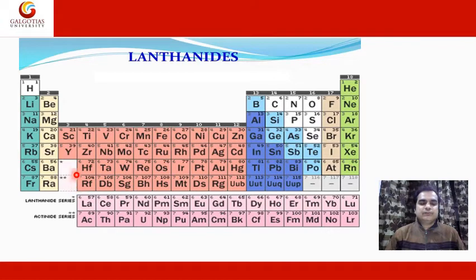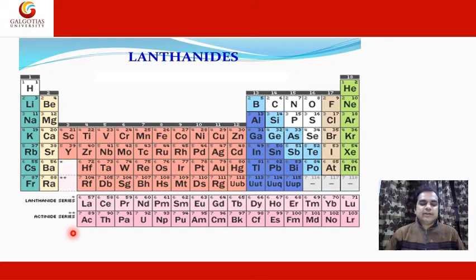Because of shortage of space in these periods, and because they were discovered later on, we have put the lanthanide series and actinide series at the bottom in two horizontal rows. The lanthanide series starts from lanthanum to lutetium, that is 57 to 71, and in total there are 15 elements; we can say that in the lanthanide series there are 14 elements present.